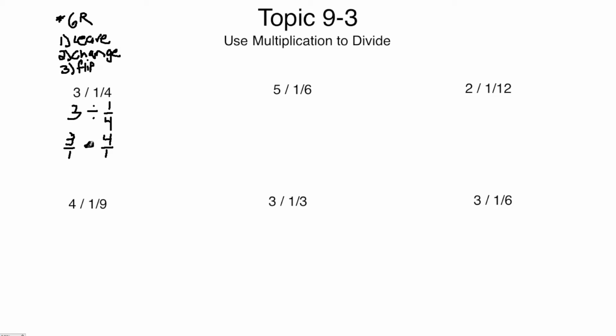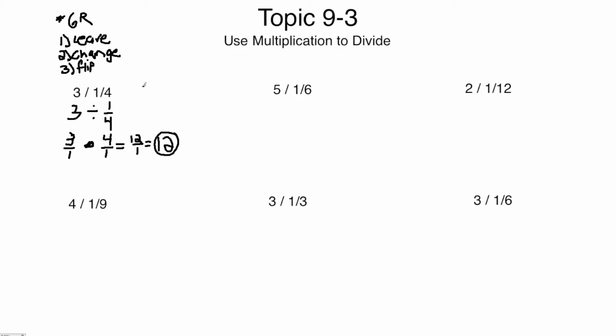Now let's use the multiplication 2 steps. Can we cross factor? Nope. Then multiply straight across. 3 times 4 is 12. 1 times 1 is 1. What is 12/1 or 12 divided by 1? It is 12.